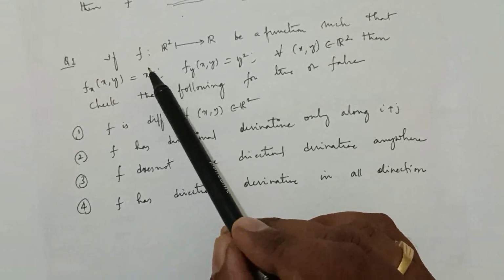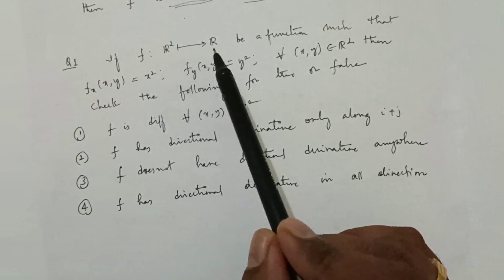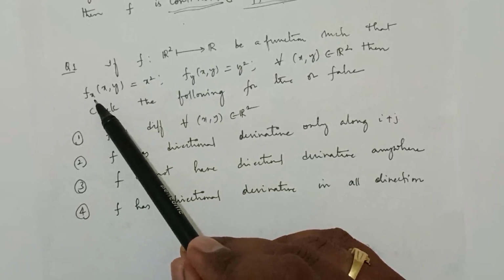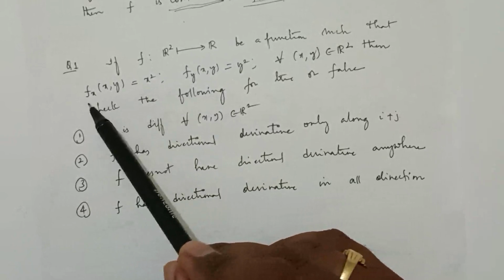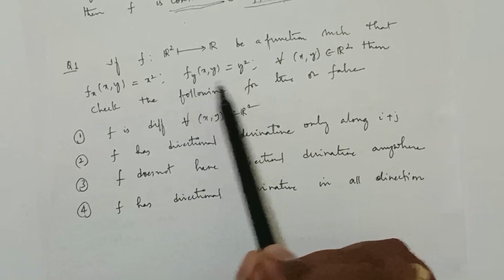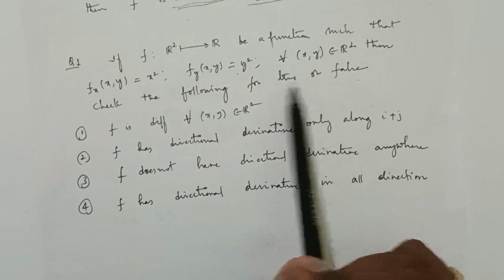If f is a function from R square to R, a scalar valued function, such that he has given the partial derivative with respect to x is x square and the partial derivative with respect to y is y square. Then which of the following is true, we need to check.